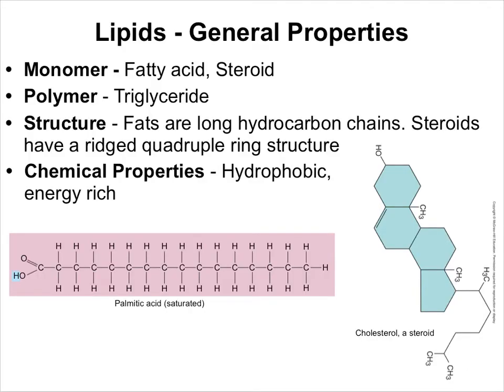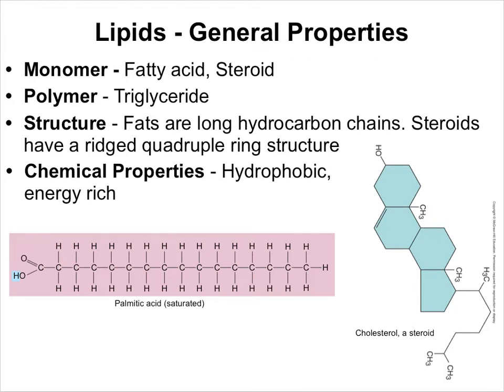Our second molecule that we're going to talk about is lipids. All right? Lipids are either polymers or monomers, depending upon the type of lipid that we're talking about, but they're not macropolymers, right? So a molecule of starch might have thousands and thousands of monomers in it.